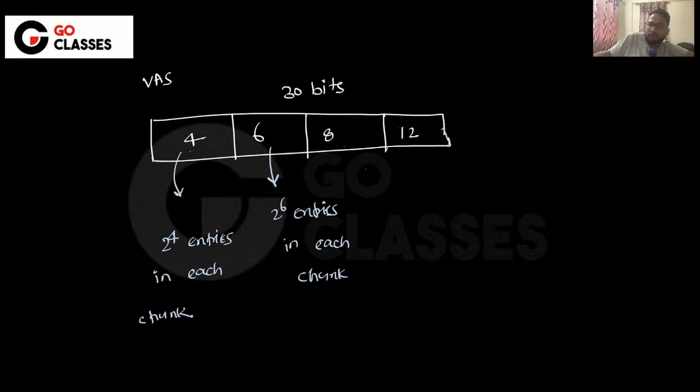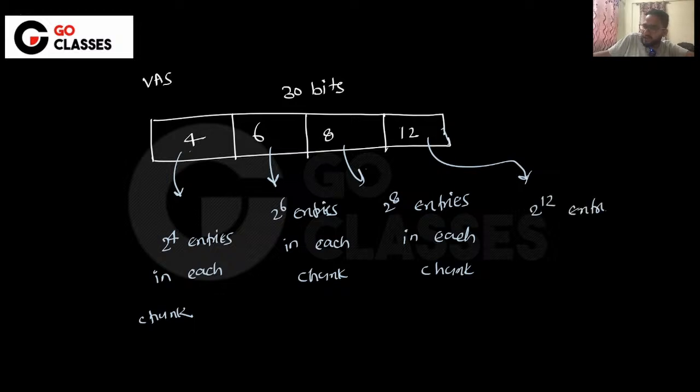What does 8 mean? 2 power 8 entries in each chunk. What about this 12? This is 2 power 12 entries. In the last level, each entry just contains 1 byte, but that is okay. 2 power 12 entries in each chunk. So it should be clear to everyone what these numbers mean.